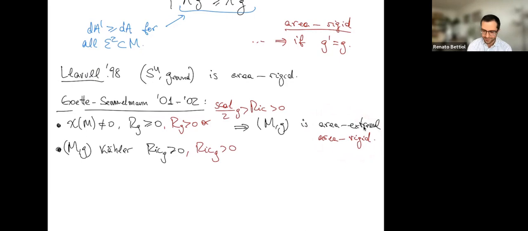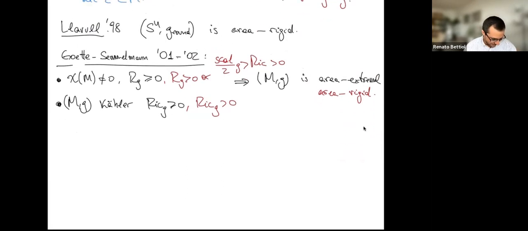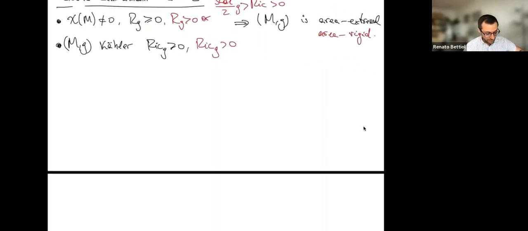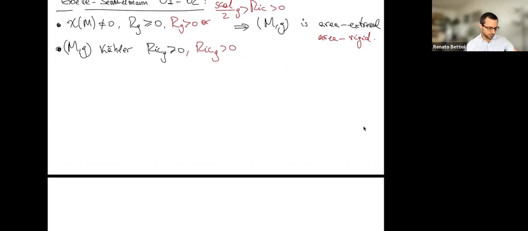So as Daniel was mentioning in the talk right before, dimension 4 is very weird for many reasons. It also makes it a good testing ground to try to do these things where sometimes slightly weaker looking curvature assumptions might be stronger than they reveal themselves at first. So that's what I want to focus on.